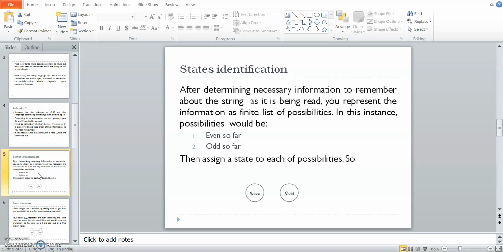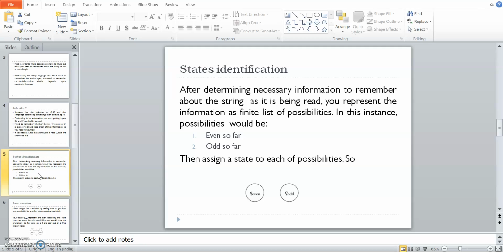In this instance, the possibilities are even so far or odd so far, whatever numbers we have seen. We will get zeros and ones symbol by symbol, so the important possibilities are an even number so far and an odd number so far. We are talking only about the ones.